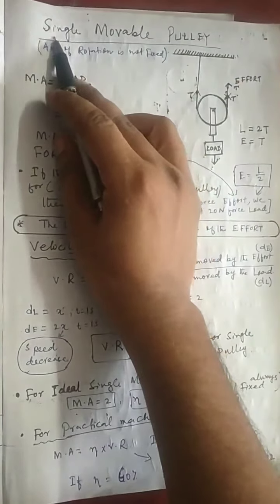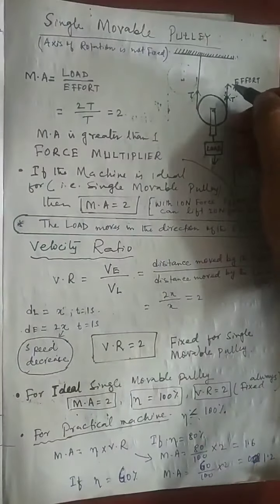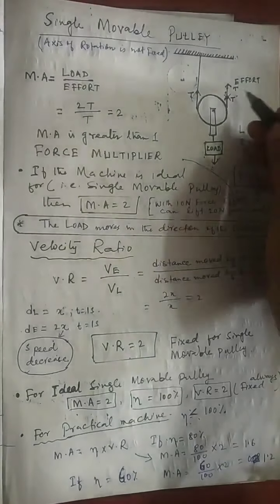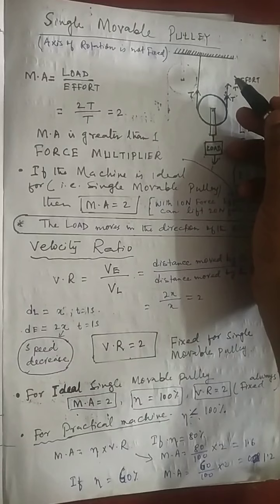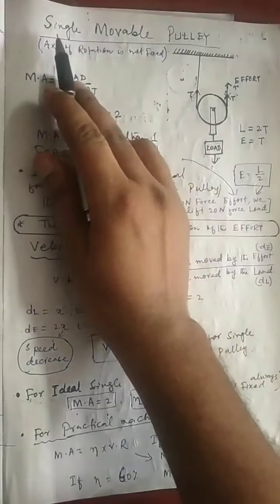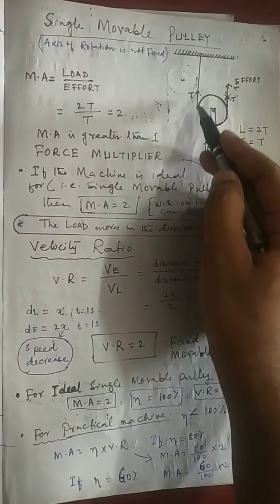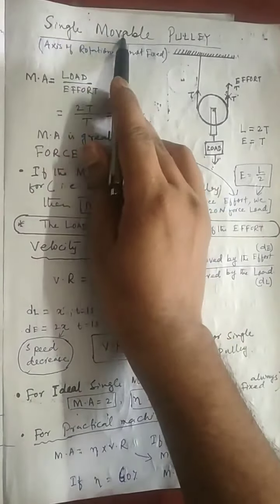But in a single movable pulley, the axis of rotation is not fixed. It means that when we apply a force or effort, then the axis of rotation will move. So this pulley is a movable pulley. And single, so one pulley is used. That's why it's a single movable pulley.